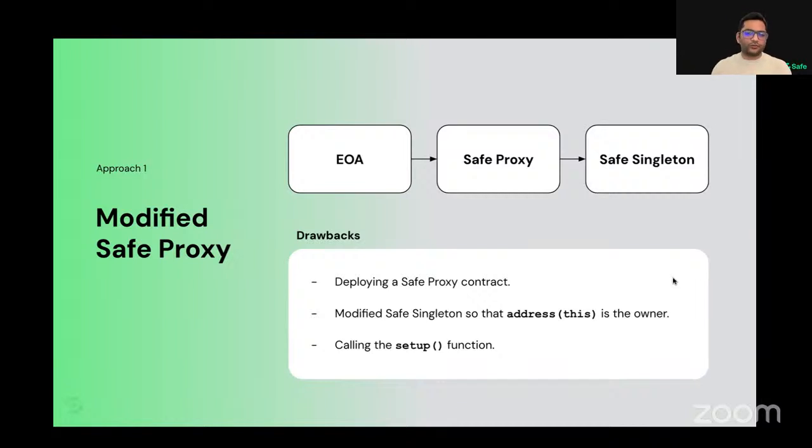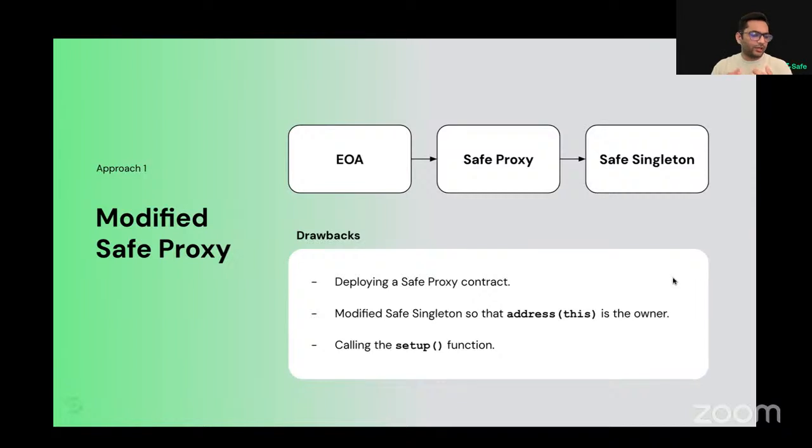So with the standard safe singleton, we have a check in the code while setting up the owners that the address itself cannot be an owner of a safe, which is a right assumption because safe accounts or smart contracts possibly don't have a private key, and making them the owner itself doesn't make any sense.